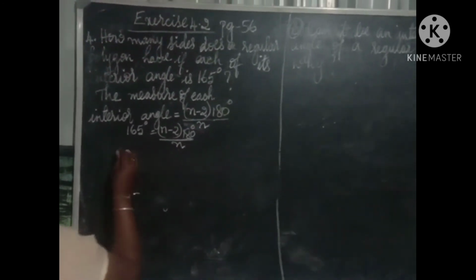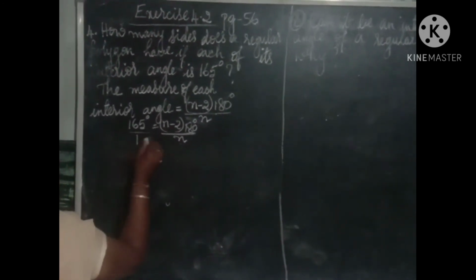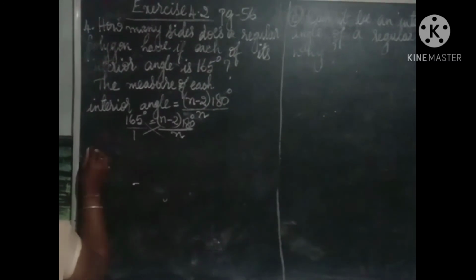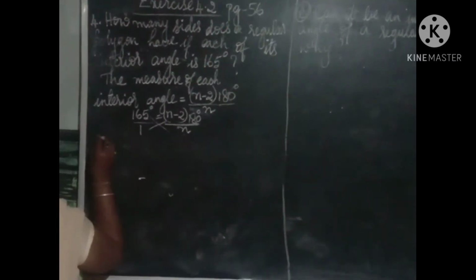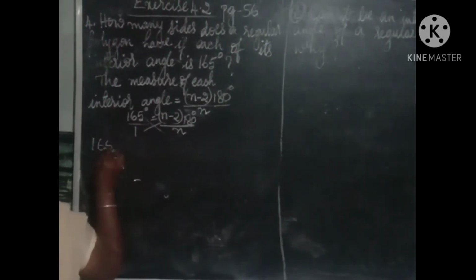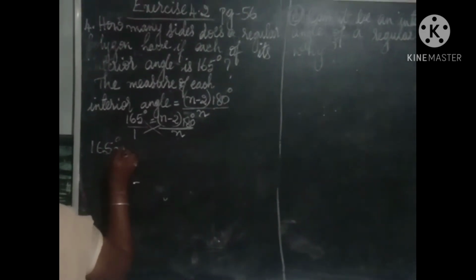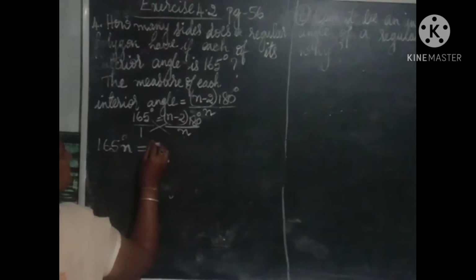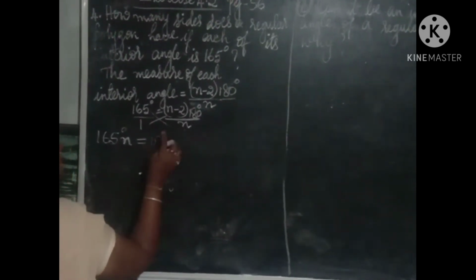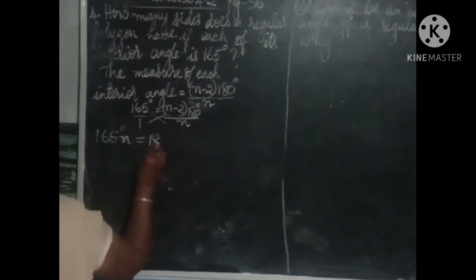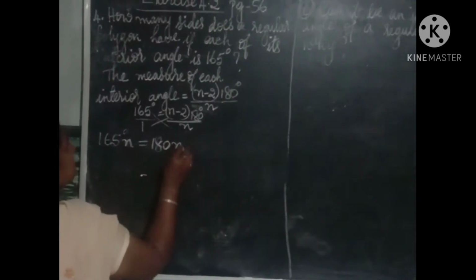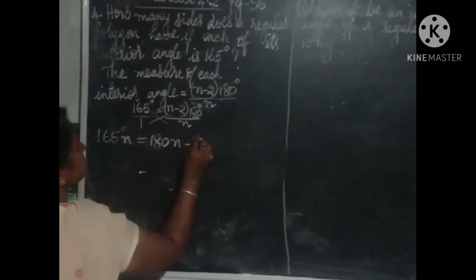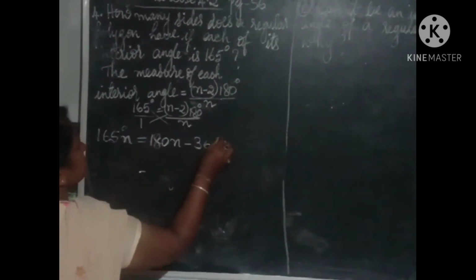Cross multiply. What do you get here? 165 degree n is equal to n into 180, that is 180 n, minus 2 into 180, which is nothing but 360 degree.